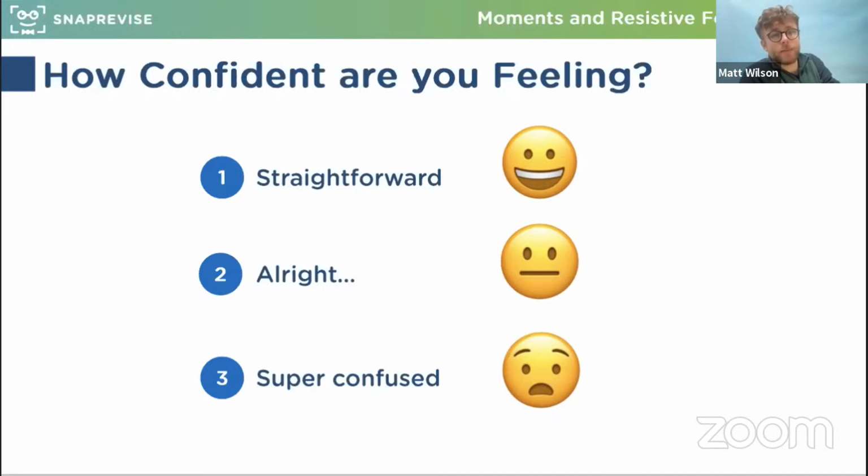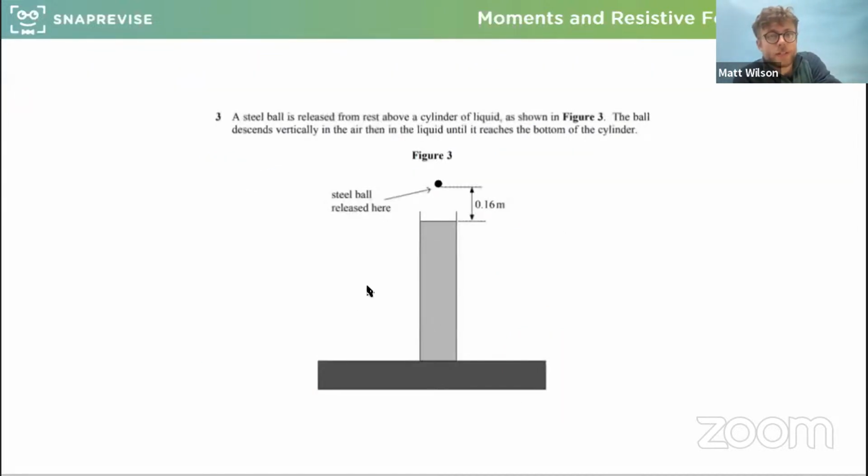In the meantime, we have an exam question of our own. And it's a very good one. It's one that is all about terminal velocity, and it's a big 6 marker, as terminal velocity questions often can be, because there's a lot of explaining to do. Okay, so in this question, we're told a steel ball is released from rest above a cylinder of liquid as shown in figure 3.